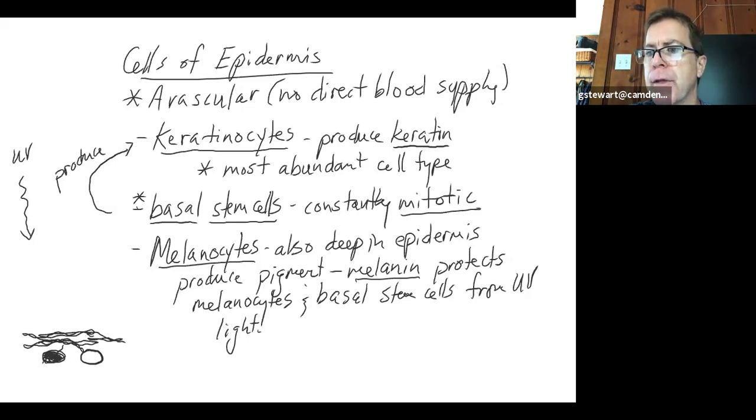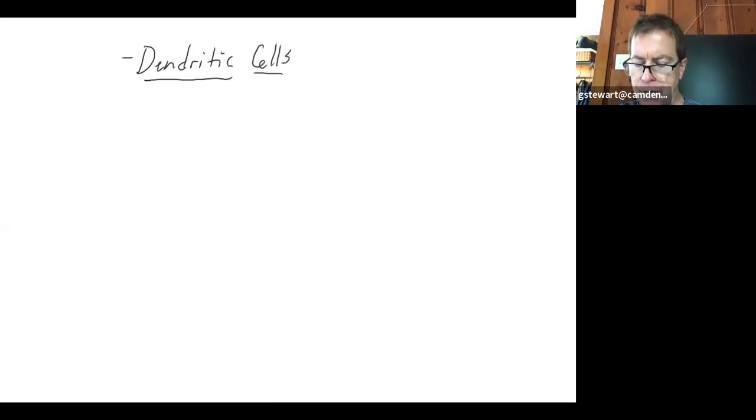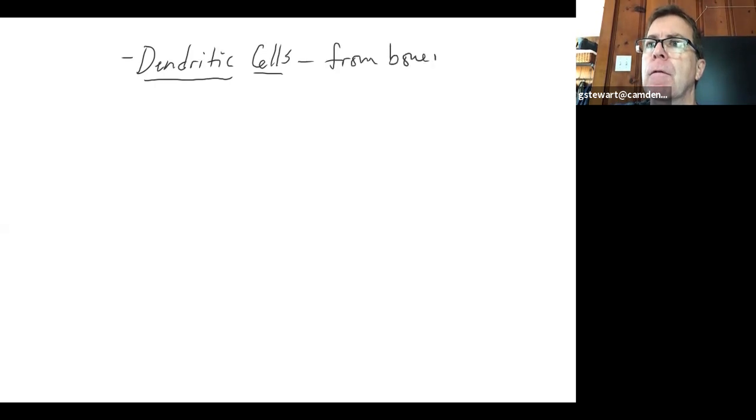I'm just going to list a couple more cell types in the epidermis. Dendritic, D-E-N-D-R-I-T-I-C. It's pronounced dendritic. Dendritic cells are actually derived from the bone marrow. That's where they come from.